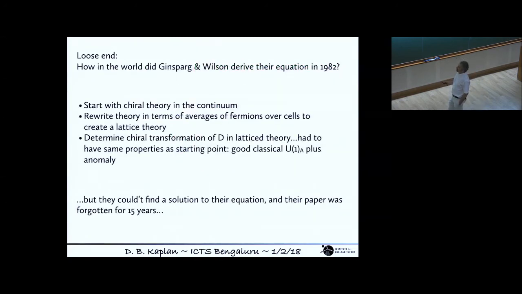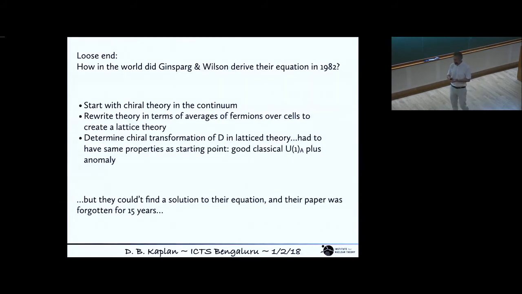So one loose end still in this picture is I didn't explain how Ginsparg and Wilson derived their equation back in 1982. They started with a chiral theory, a Dirac theory in the continuum, massless fermions, and then they rewrote their theory by dividing space up into cells and replacing the fermions by averages over those cells. So they put in an auxiliary field that was coupled to a Gaussian smearing of their fermion, and they integrated out the original fermion and asked, let's look at the effective theory of these Gaussian smeared lattice fermions.